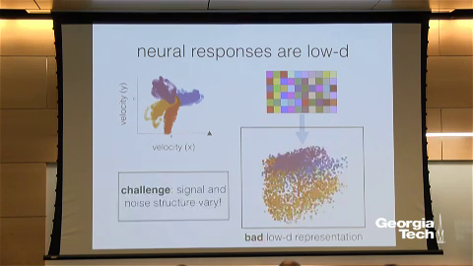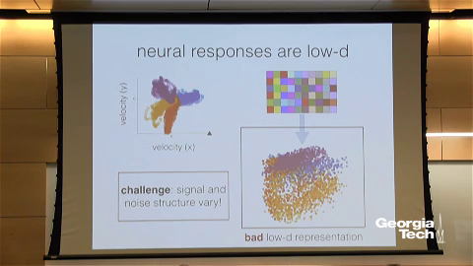The problem is that in many cases, we actually don't find such nice, clean structure coming out of these dimensionality reduction techniques. The challenge in using these methods is that the signal and the noise structure often vary.